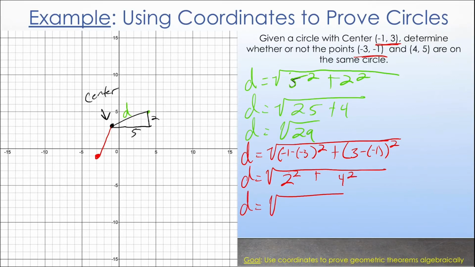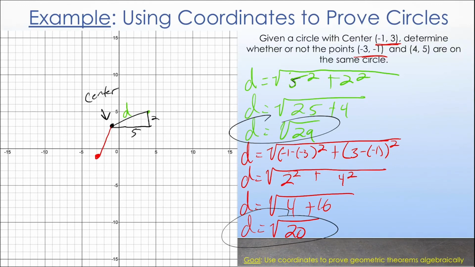Okay, so I get the distance is equal to the square root of 4 plus 16. Distance equals the square root of 20. So notice those are different. So we would say not on same circle. 1, 2, 3, 4, 1, 2. Yep, we got all those. So it's not on the same circle. It's really close, but not quite.